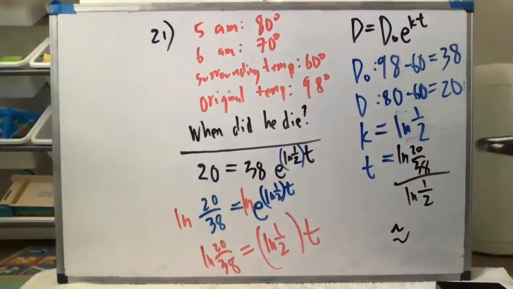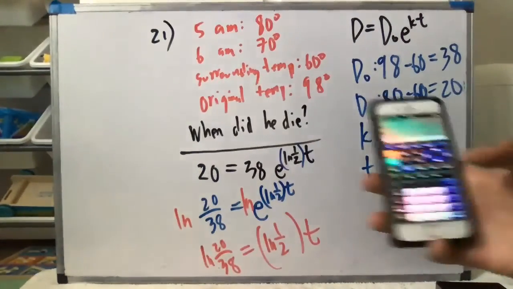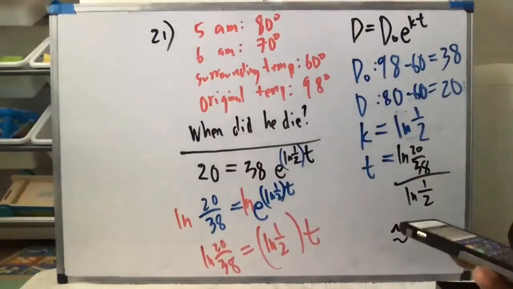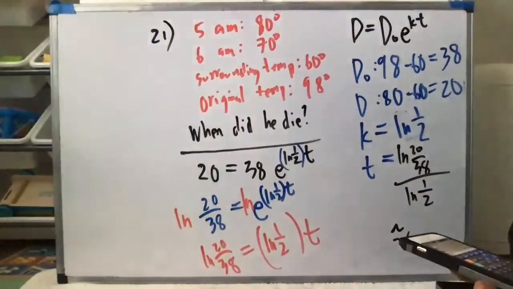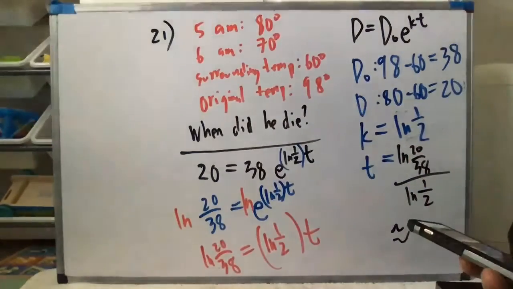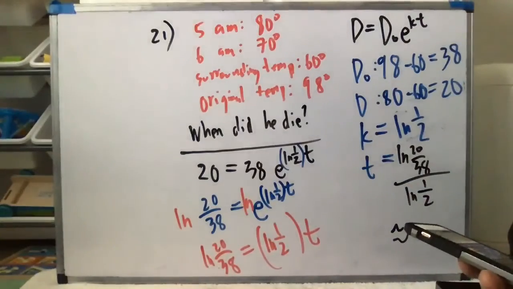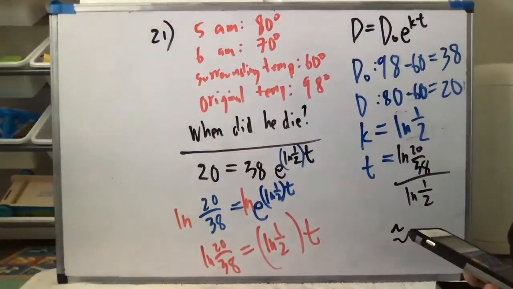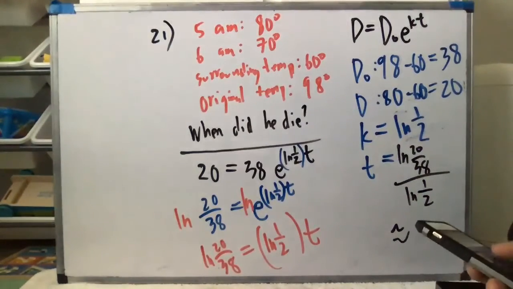So my knee is blocking the way. Let's plug that into the calculator now. Okay, I'm just going to type it in: ln of 20 divided by 38, divided by ln of 1 divided by 2.